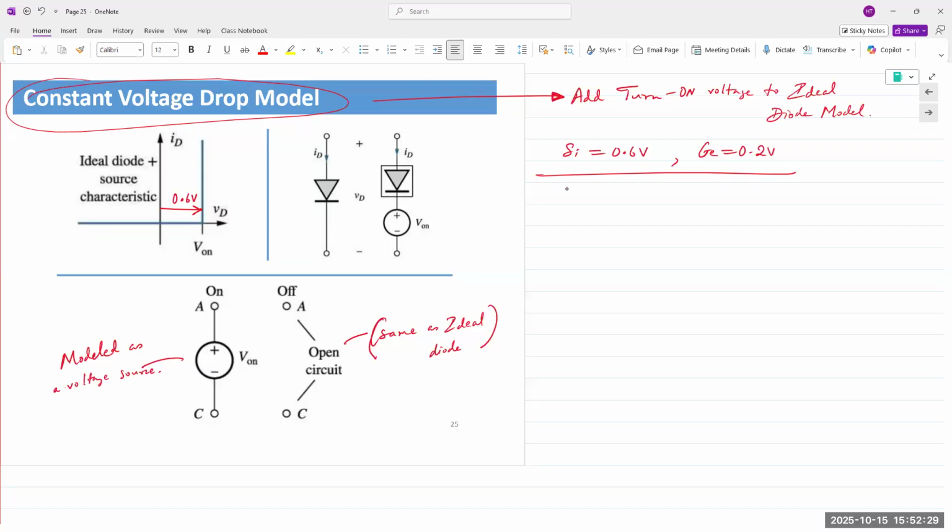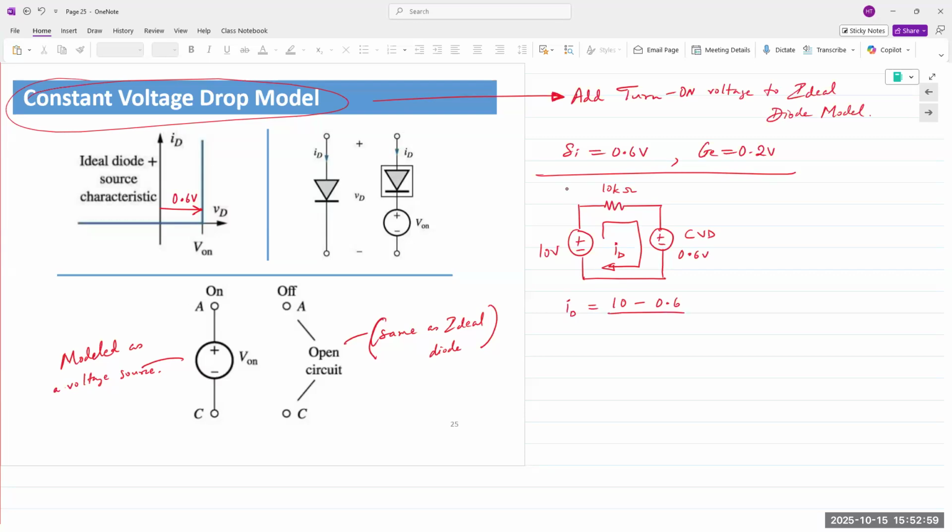So in our example, we had a 10 volt source and 10 kilo ohm resistance, and we replace the diode with a CVD model, so this is 0.6 volts. Now our diode current is 10 minus 0.6 divided by 10,000.